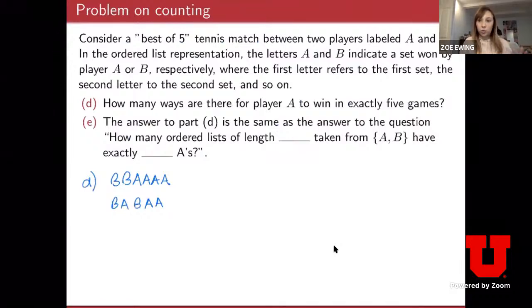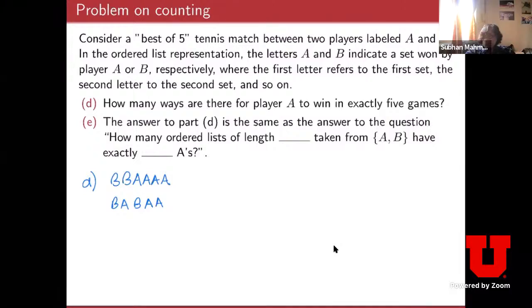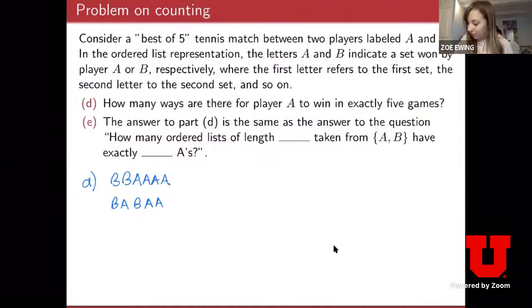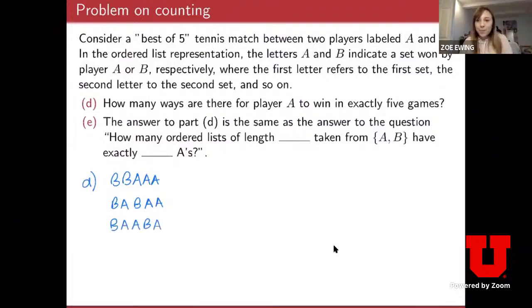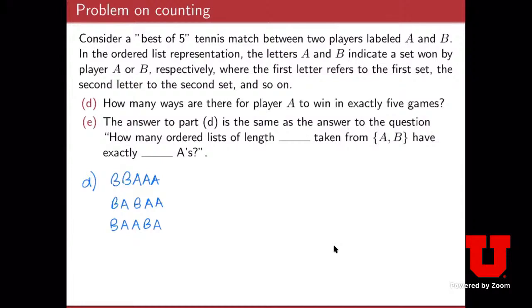Okay, I'll give you a hint. There's 4 more left. Doesn't the top one have too many A's? Yes, it does. Thank you. Got a little carried away there. BAABA. All right. AABBA.